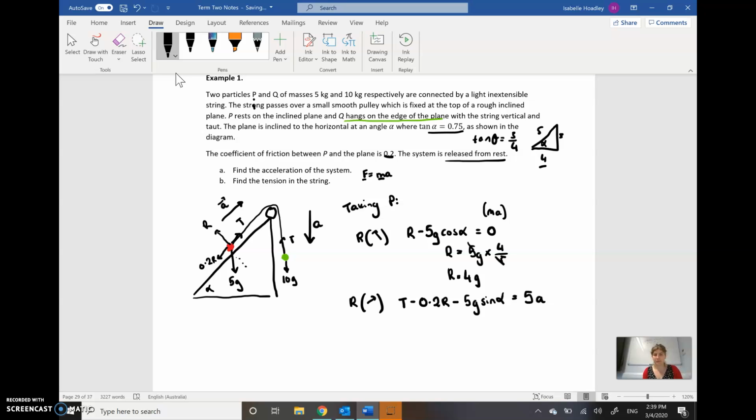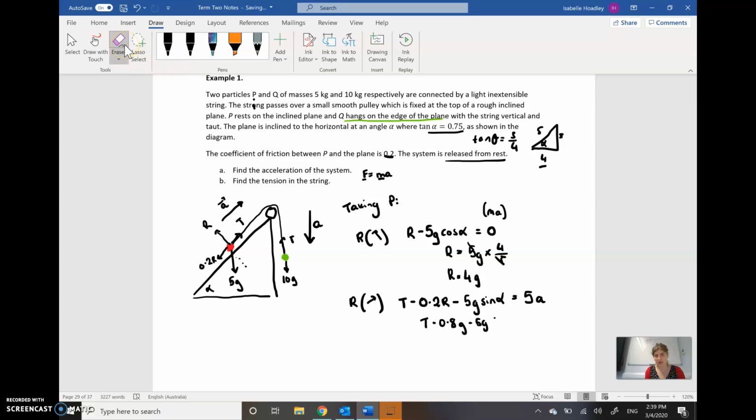So from here, we can work a little bit of this out. We can say T, 0.2 times 4 is 0.8, so minus 0.8g. So that's 0.2 times 4g, minus 5g sine alpha equals, oh sorry, I should do the sine alpha as well.